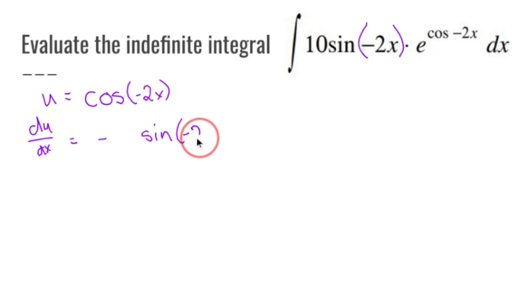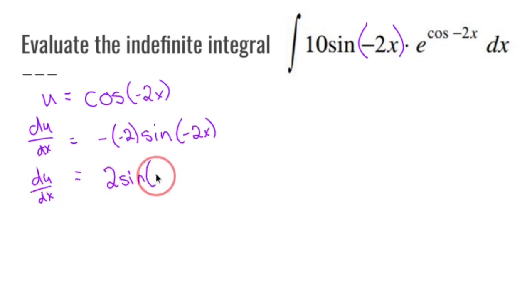Keep the inside stuff, but multiply everything by the derivative of the inside stuff, which is going to be negative 2. So I have a double negative going on here, and du dx is going to equal 2 sine negative 2x.